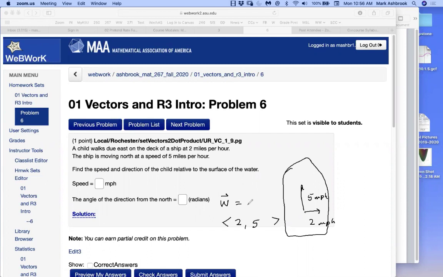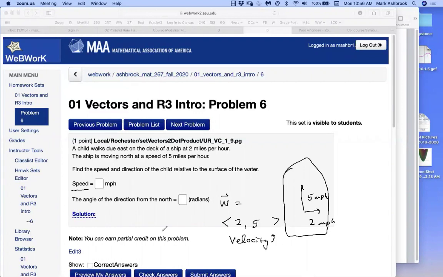So in terms of the child walking relative to the water, the child has both these components. A x component of 2 and a y component of 5. So then the speed is the magnitude of that velocity vector. This is velocity because it's a vector.